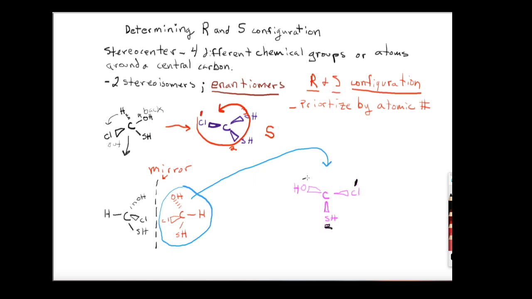And this is priority number 3. So now when we do the scrolling, you can see that we went clockwise. This is the R configuration. So this is a non-superimposable mirror image.